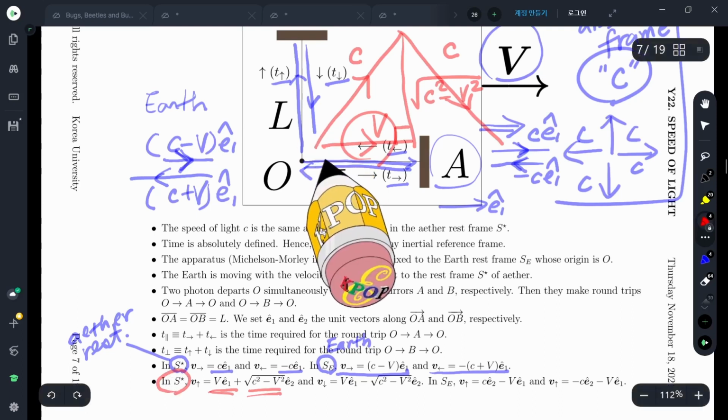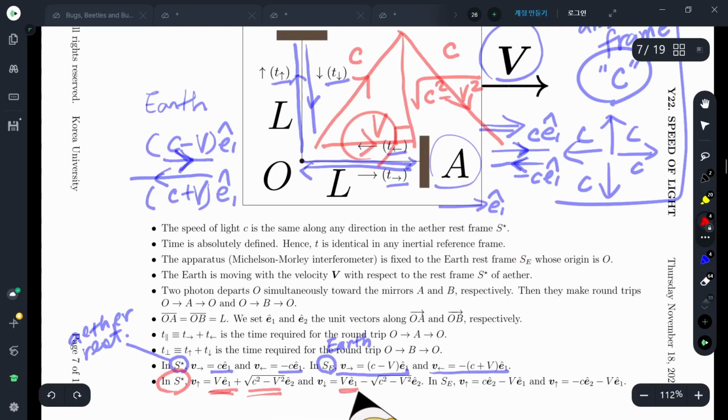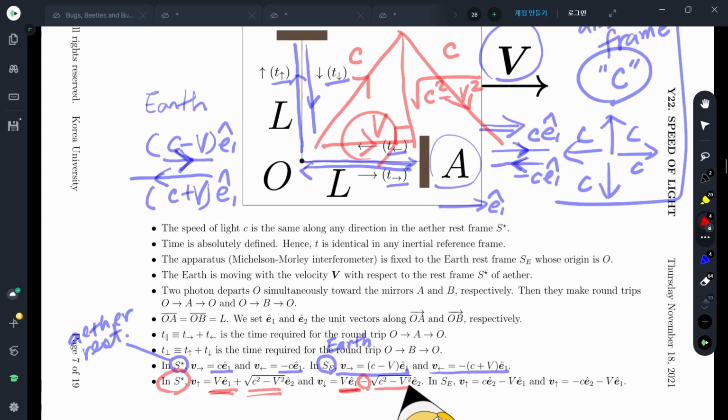When it returns, the horizontal direction has the same magnitude and direction, and the vertical direction flips the sign, and this magnitude is the same. All right.